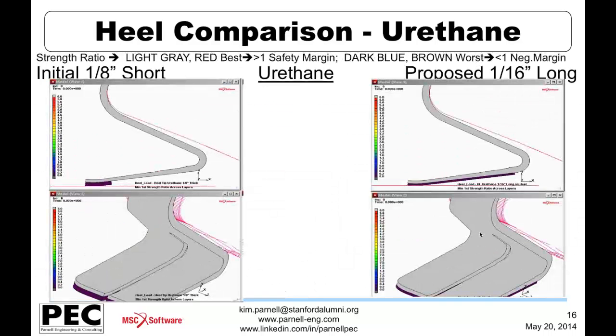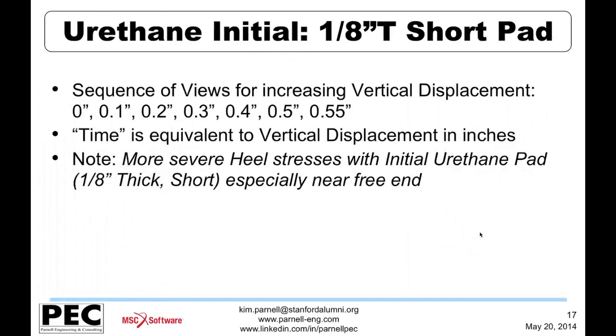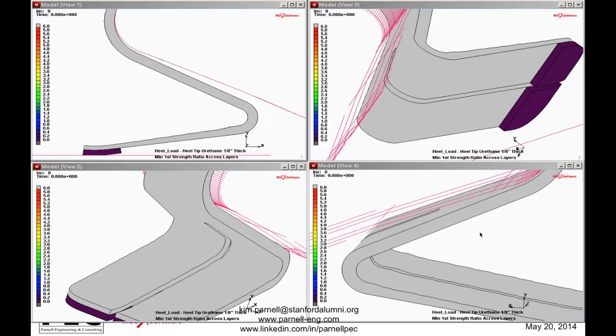And then we're going to step through a few of these pictures just to compare, and this will be for a specified vertical displacement, looking at response as we go through for different views.